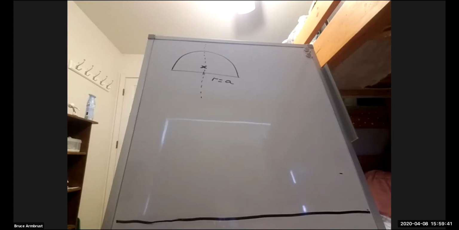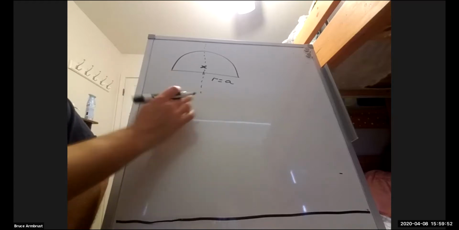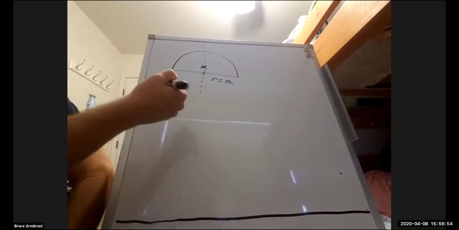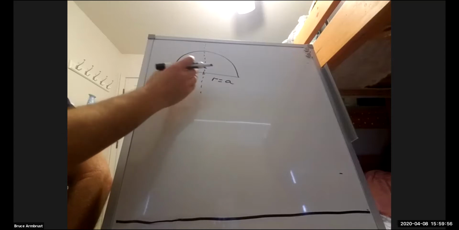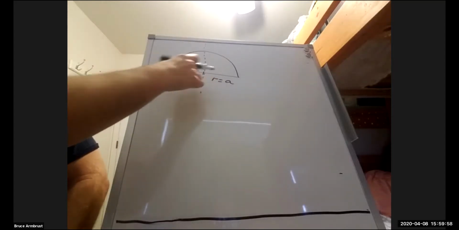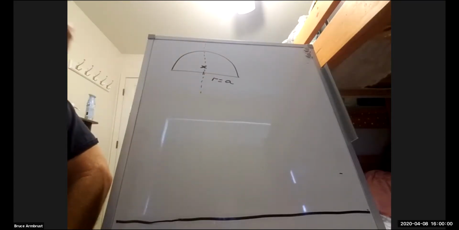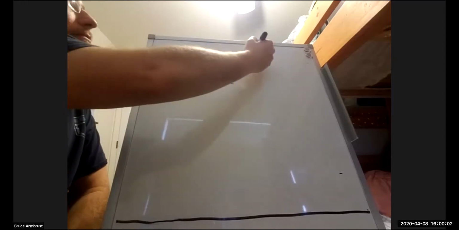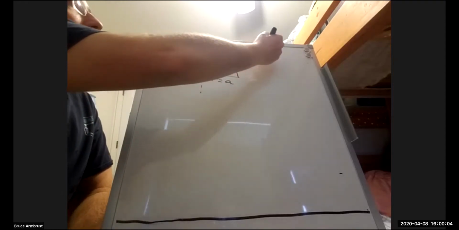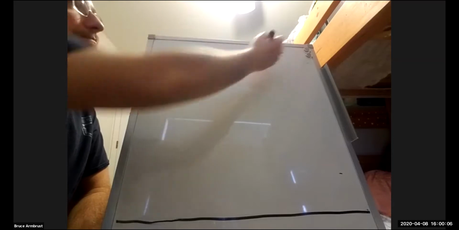Okay, so let's actually do the calculations and figure out where it is. Let's start with the mass. Since this is constant density, to get the mass, we just need the area and then multiply it by the density. So let's say constant density rho.